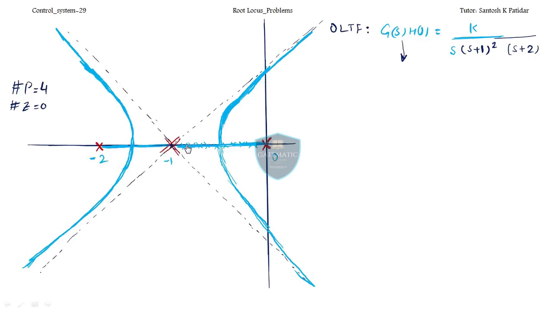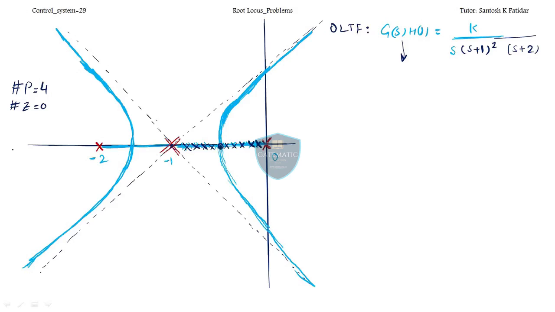One of these two poles will go to this side, and one will go to this side. Simultaneously, this pole is also coming, so they are contributing the breakpoint.